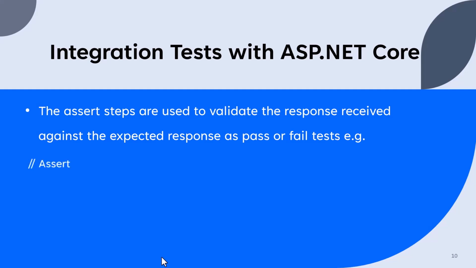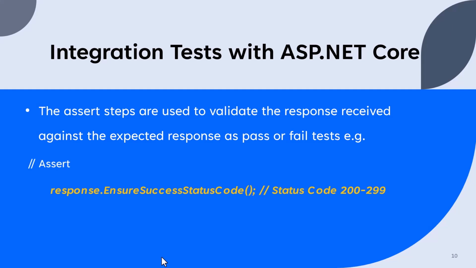For example, an assert will have the response object created in the act step and call the EnsureSuccessStatusCode method to check whether the IsSuccessStatusCode boolean returns true and the status code is lying between 200 and 299 for success status.